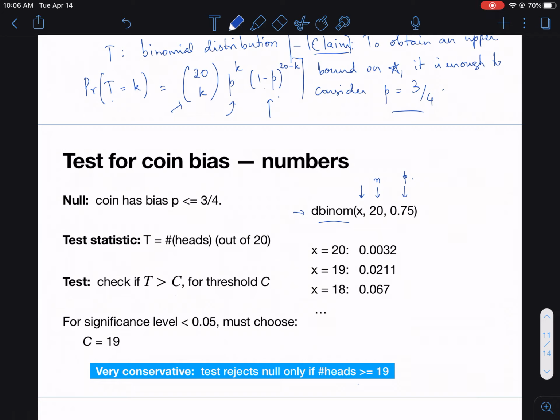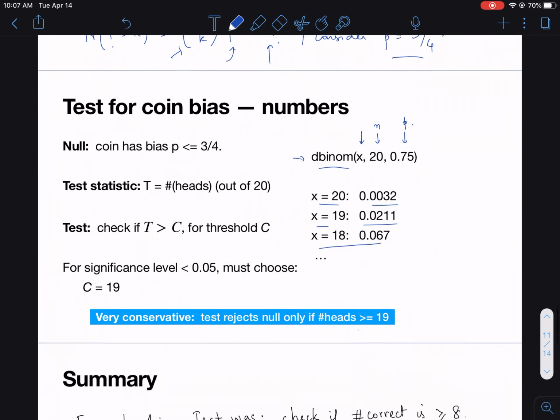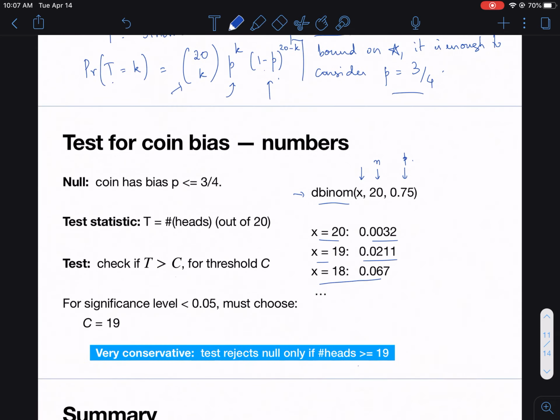So here are the values that you get. The probability that t equals 20 is this number, t equals 19 is this number, t equals 18 is this number, and so on. So now, suppose I choose, actually let me insert a new page here.